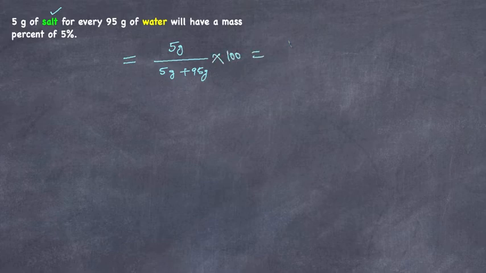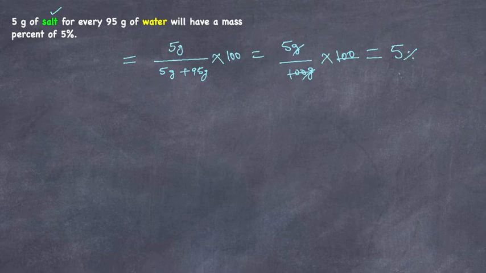Simple calculation. So 5 gram divided by 100 gram, and we multiply by 100 to change it to percent. So gram cancels, 100 cancels, so we're left with 5%. So the mass percentage of salt in this solution is 5%.